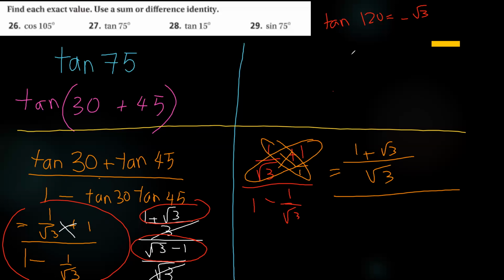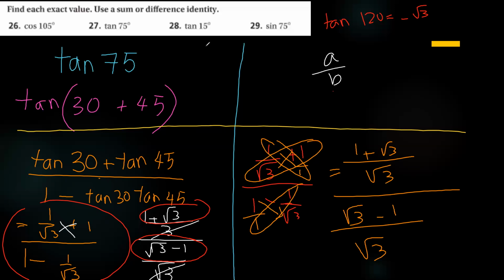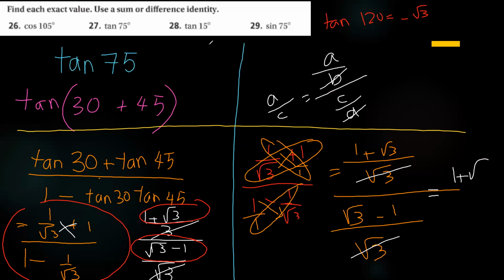Here we have 1 times square root of 3 minus 1 times 1 over the product of the denominators. Now, as we know from previous grades, if you have A over B over C over D, you can cancel B with D and the answer will be A over C. And here, you will cancel them. So it will be 1 plus square root of 3 over square root of 3 minus 1.